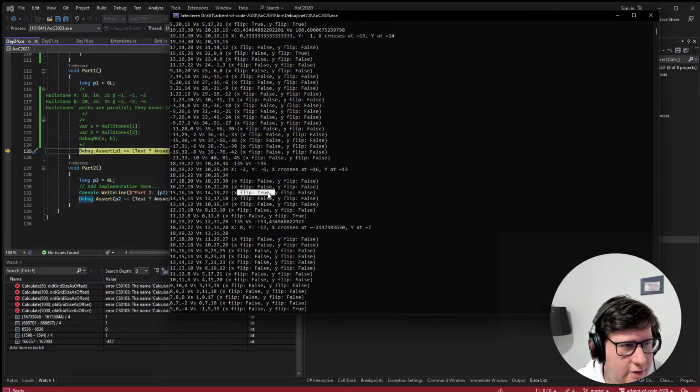The X crosses here and then the Y crosses here, but they never cross. So it doesn't work like that. Even if I step through it, that was the thing that was throwing me off.